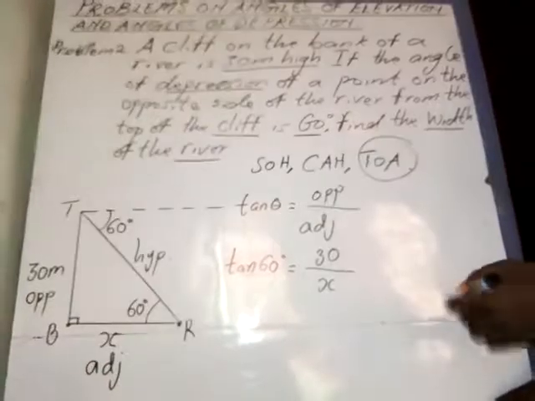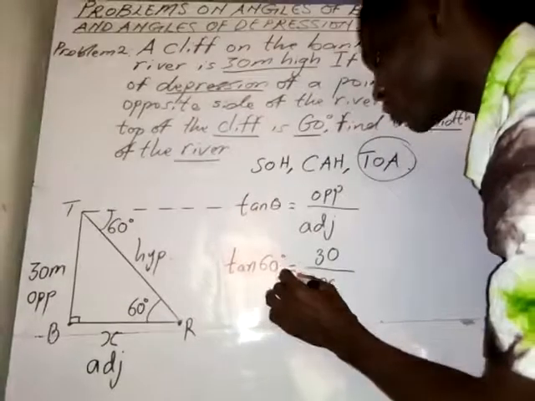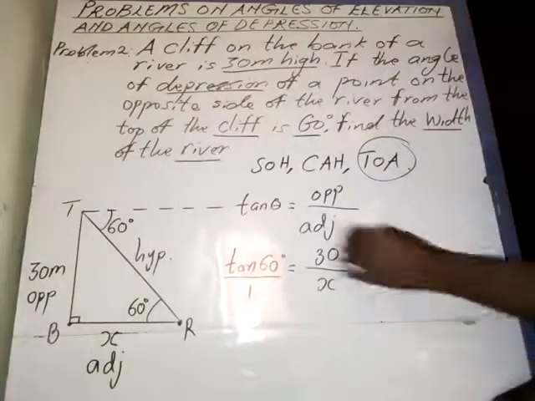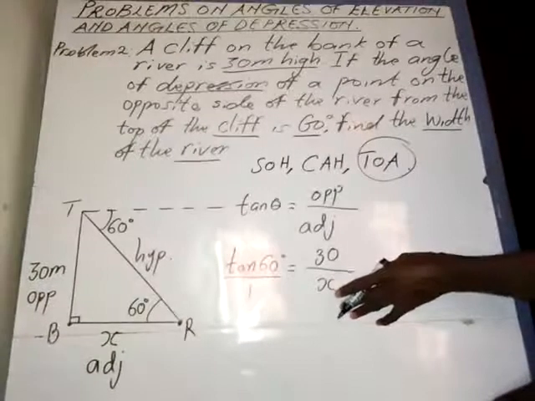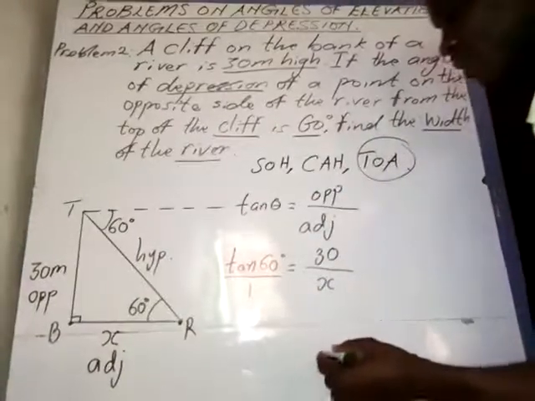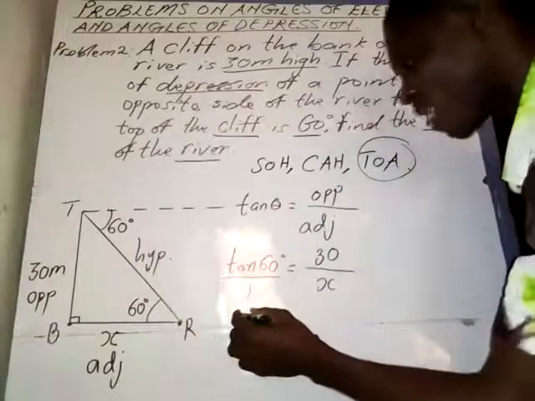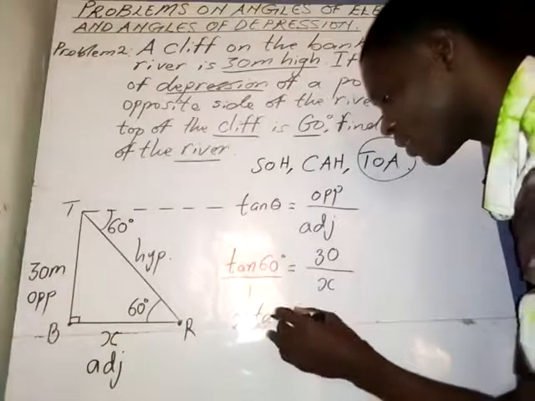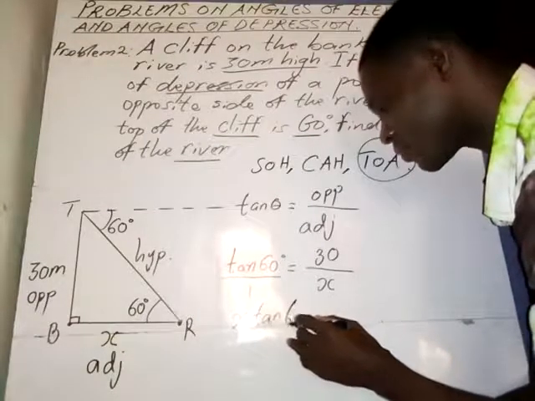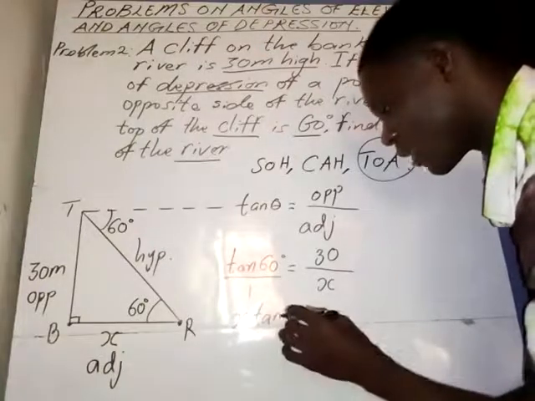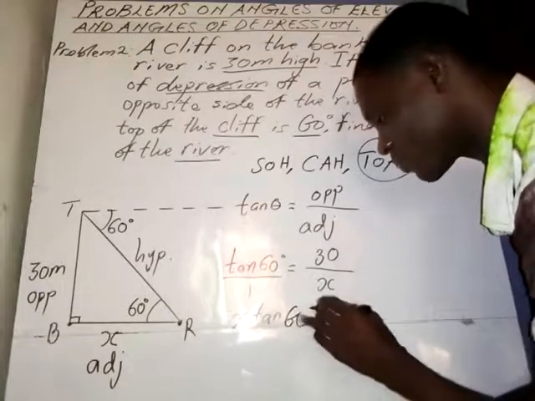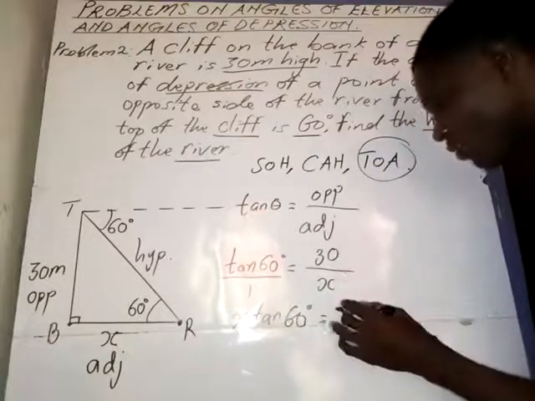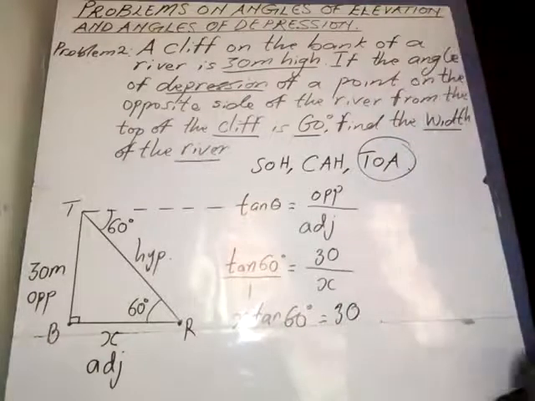So what we need to do here is that we write this as over 1, so that we can have a fraction as we have a fraction here. Then we cross multiply. So by cross multiplying, we have x tan 60 degrees equal to 1 times 30, which gives us 30.